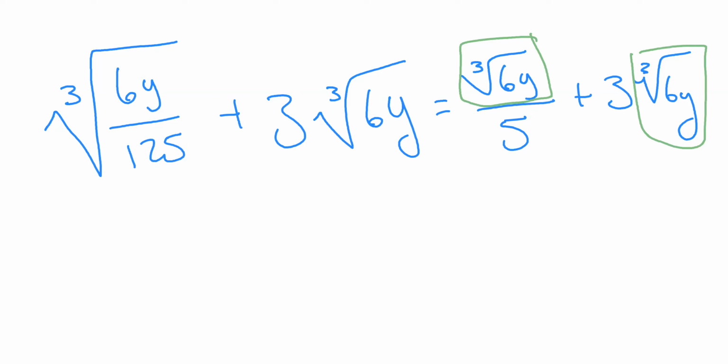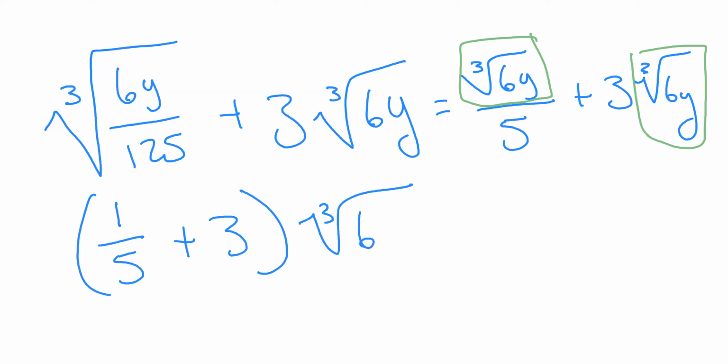The radical parts are the same. But what exactly are we adding together? We've got 1/5 of these cube root 6y's plus 3 of these cube root 6y's. All right. So this piece right here, this cube root 6y over 5, that's really 1/5 of these cube root of 6y's.